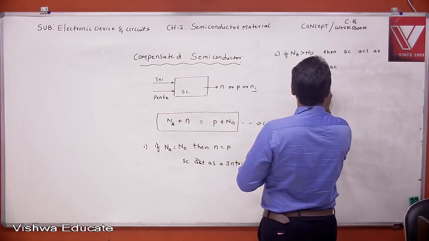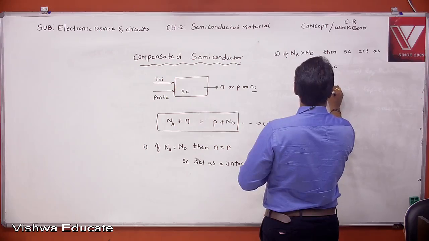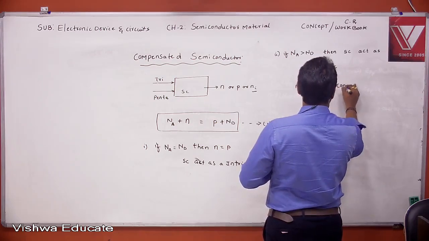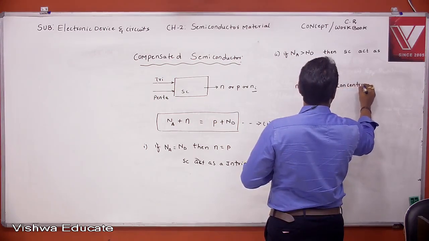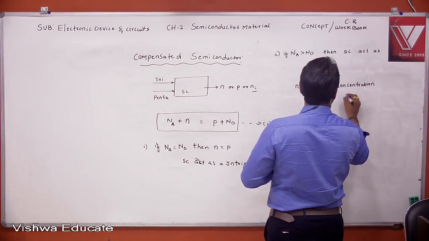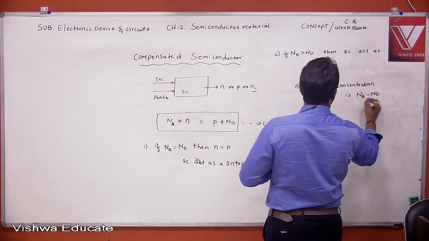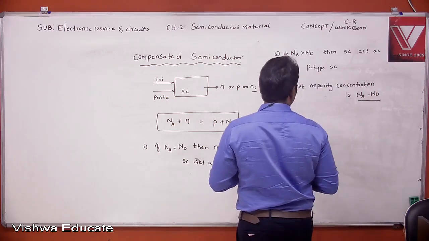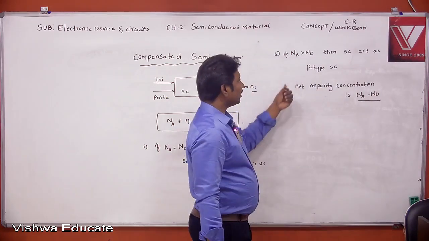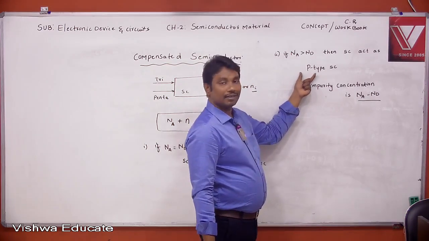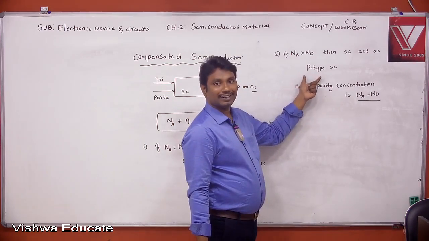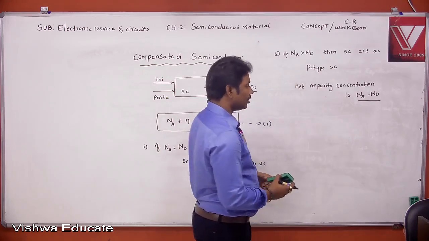The net impurity concentration is Na minus Nd. And how do we calculate the hole concentration and electron concentration in this compensated P-type semiconductor?